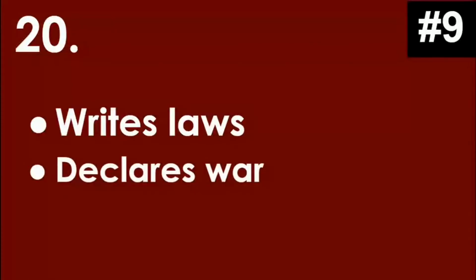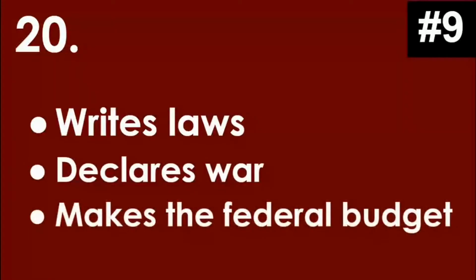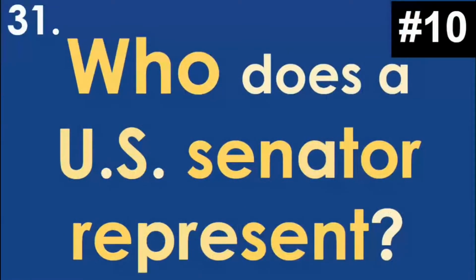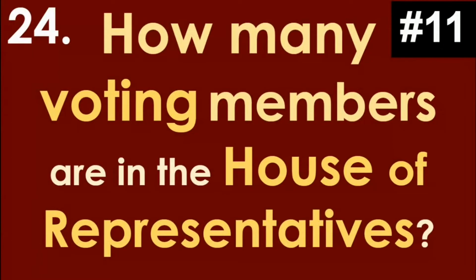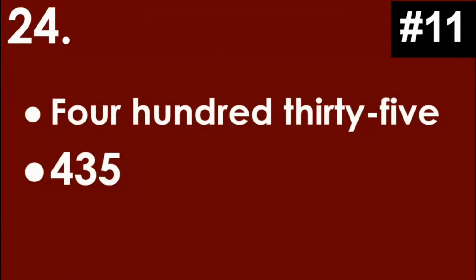Declares war. Makes the federal budget. Who does a U.S. senator represent? Citizens of their state. How many voting members are in the House of Representatives? 435.